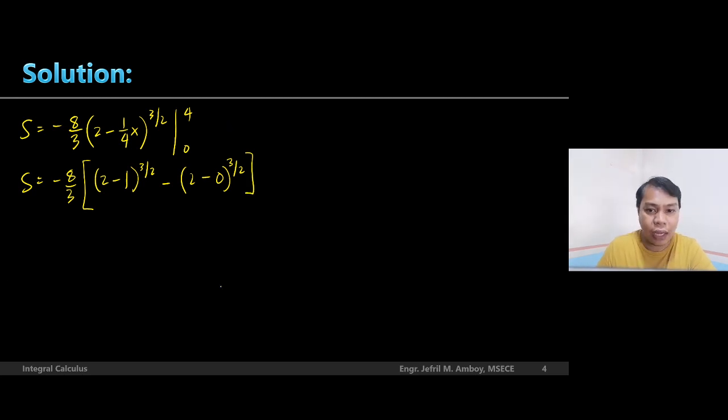So here, negative 8 over 3 times, what is 2 minus 1? 1 raised to 3 halves is still 1. Now, minus 2 raised to 3 halves.